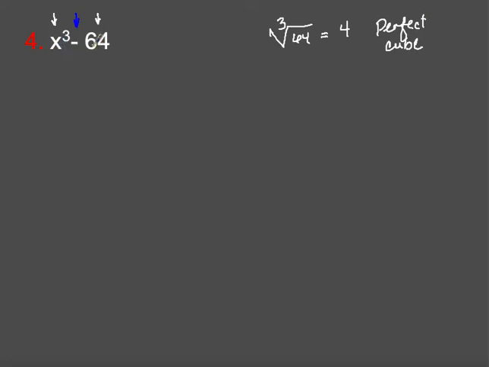Now I'm going to put that model up here for you. So the model was that a cubed minus b cubed is equal to the cube root of each. And then I take the first number squared plus the first times the last plus the last number squared. So because this is minus, I lead off with minus, plus, and the last term's always plus.